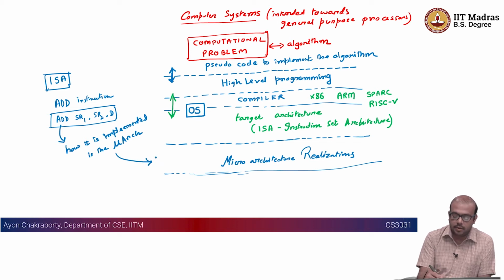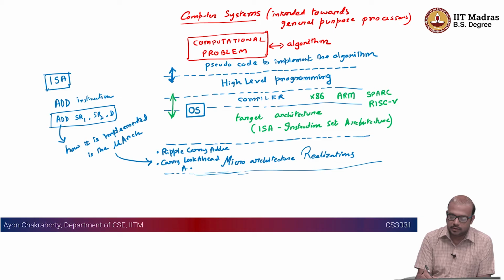So, the first one is a ripple carry adder. The other one could be something called a carry look ahead adder.